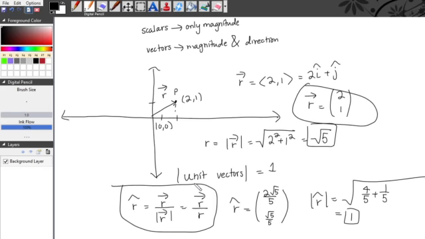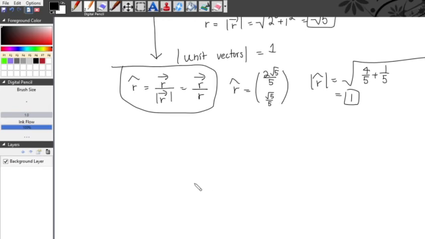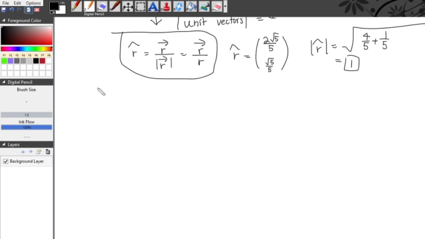Okay, now let's talk about the unit direction vectors. Another way to write vectors, in addition to the angle bracket way or the parentheses way that I just showed you, is i hat, j hat, k hat notation. Basically, i hat, j hat, and k hat are the three main unit direction vectors.